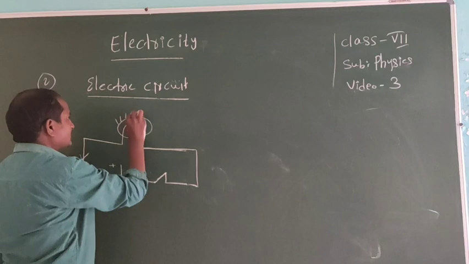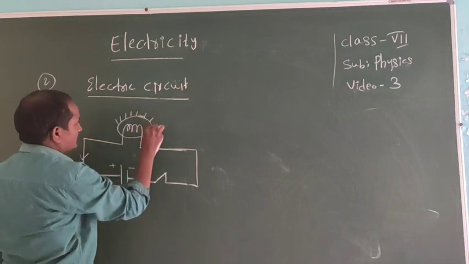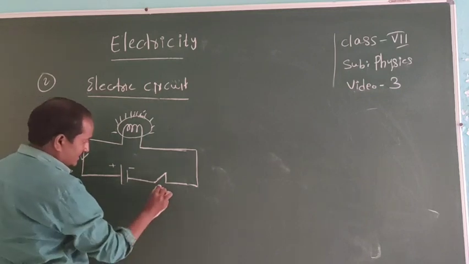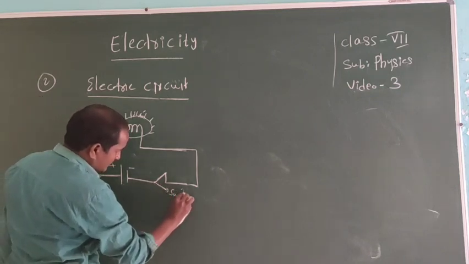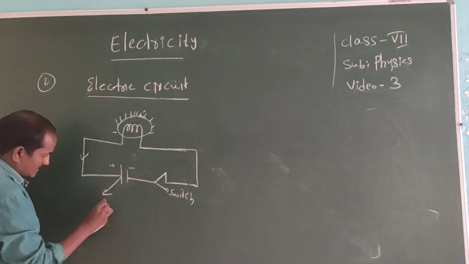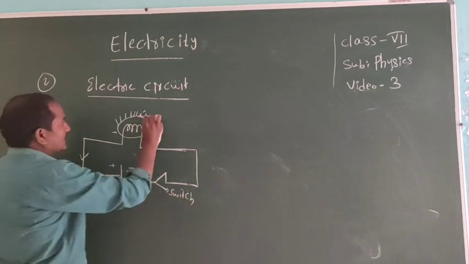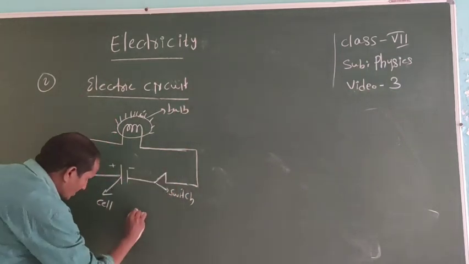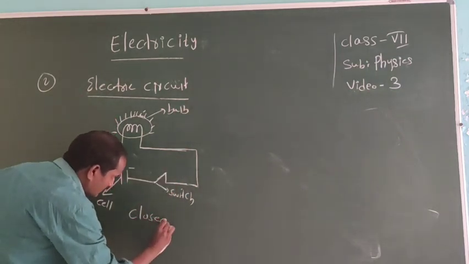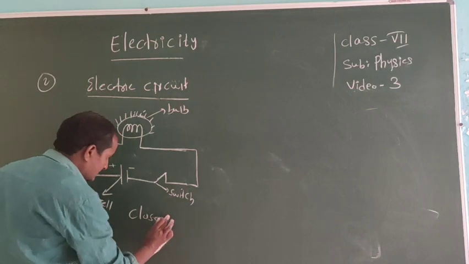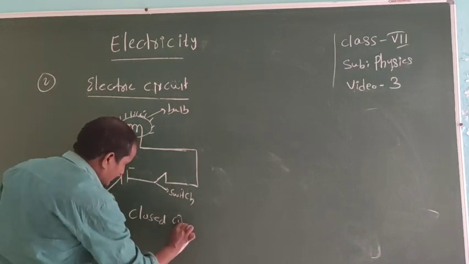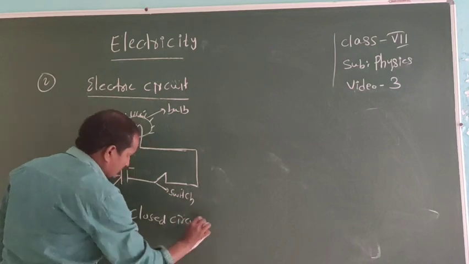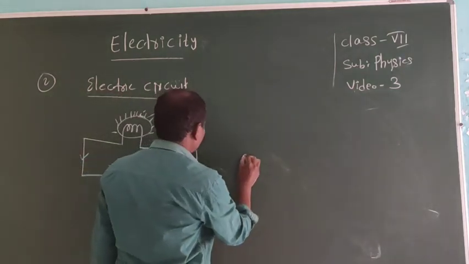Now the bulb is glowing. It is a closed electric circuit.